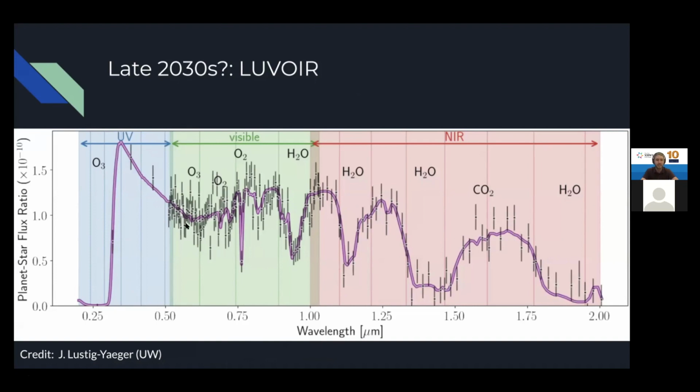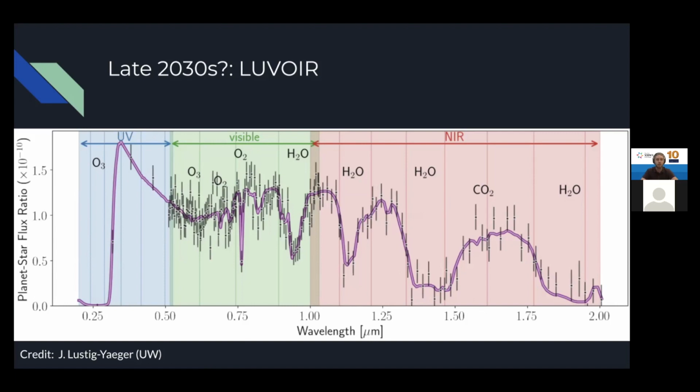You can see that there are strong signals of oxygen here and here, signals of ozone over here and here, signals of water over here, signal of carbon dioxide over here. And all of these signals are very obvious and very easy to find with an instrument as powerful as LUVOIR. So if a mission like LUVOIR were to launch in the 2030s, this would be our best bet to find alien life.